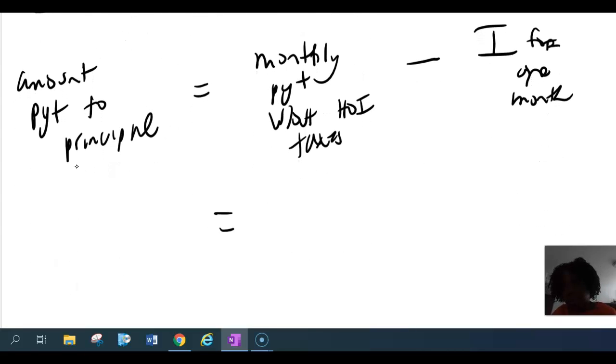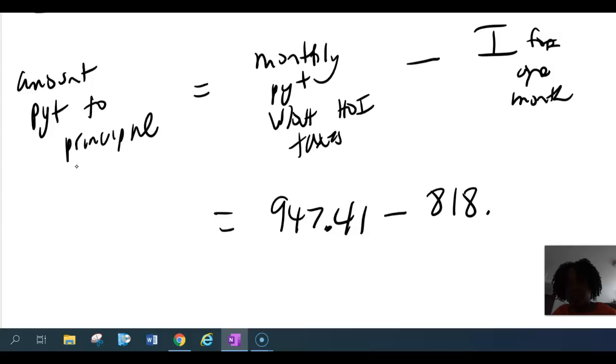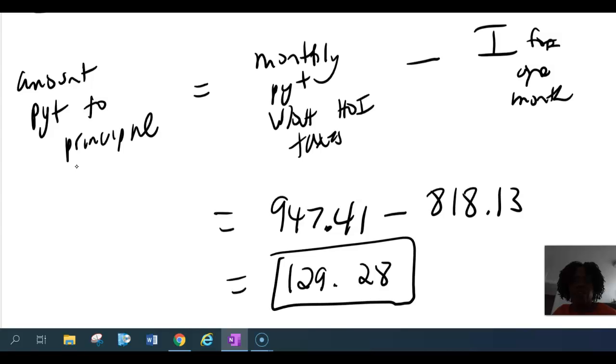And so we would take the $947.41 minus the interest that we pay for 1 month, which was the $818.13, and we find that only $129.28 goes to the principal for 1 month of a payment.